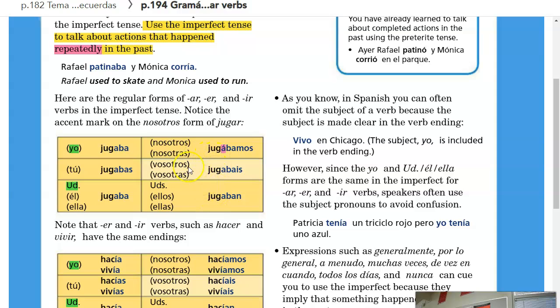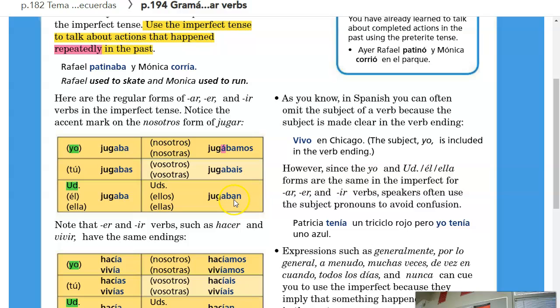We only have two options because vosotros is used predominantly in Spain, ¿cierto? So we have either nosotros or ellos, ellas, ustedes. And this is actually going to be the form because we're talking about them. We're not included. Nosotros is only if we're included in the group.